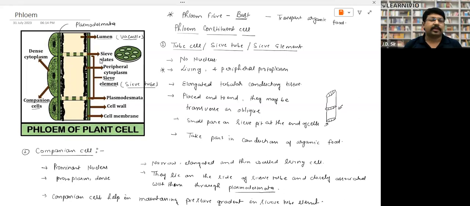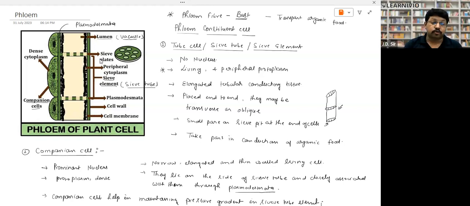Like suppose there are two rooms in your home, and both rooms are interconnected with a window. The air can go here and there, but that is a small window. You can pass a small object like a pen, but you cannot pass a table, chair, or laptop. So big things cannot pass through, but they are interconnections.